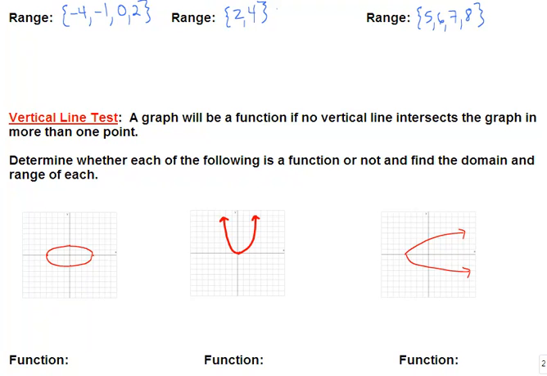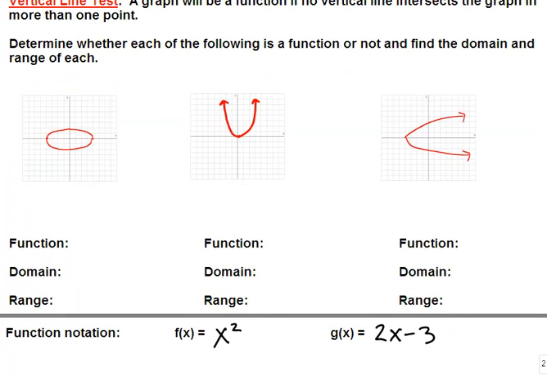And what the vertical line test says is that a graph that you're looking at will be a function if there's no vertical line that intersects your graph in more than one point. So if we look at this first example, what you want to visualize are vertical lines intersecting your graph.